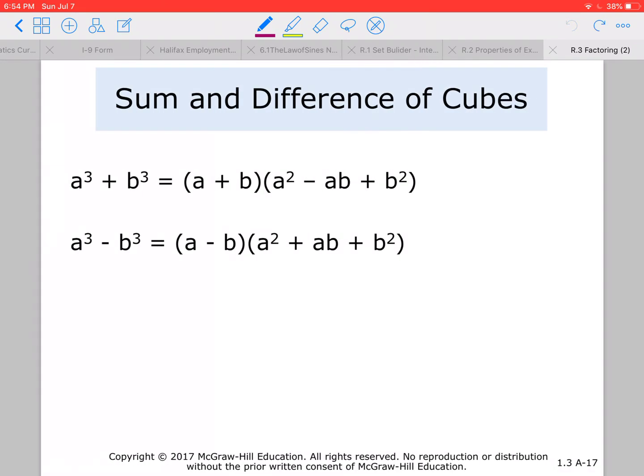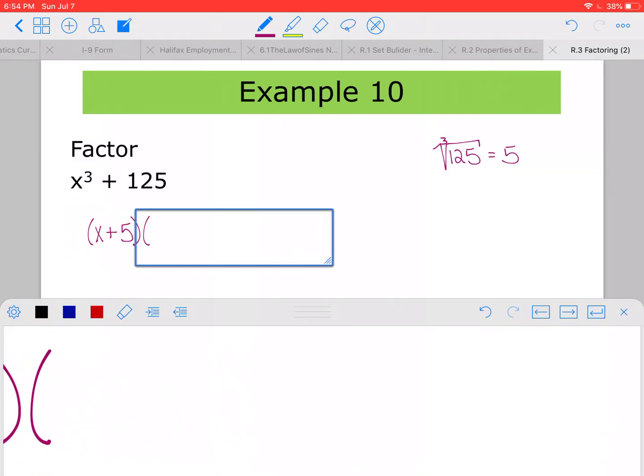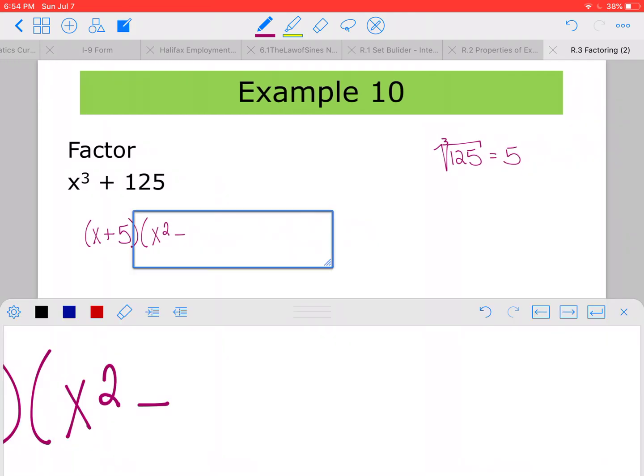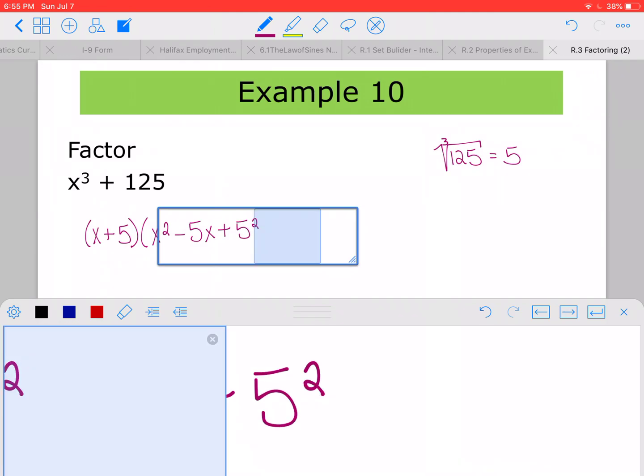So we'll have the first, let's see, x squared minus, and then we've got a times b. So x times 5, or 5x, plus 5 cubed, or excuse me, 5 squared. And 5 squared is 25.